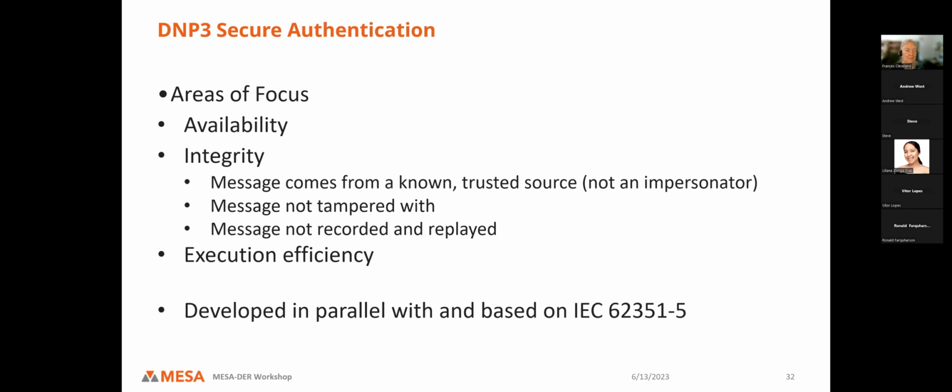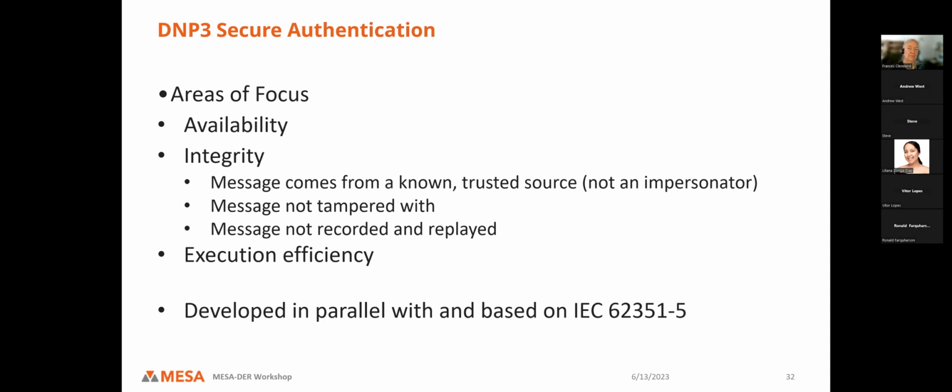So part of that is why 1547.3 is recommending the use of DNP secure authentication, which I'm about to talk about, as the way of securing DNP communication. So the area of focus within this toolkit is looking at the specific requirements for the security of the communication in the operational technology space.